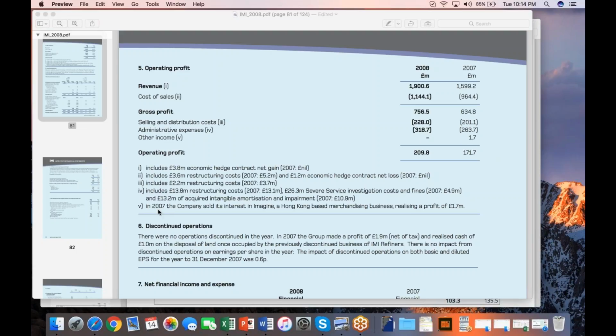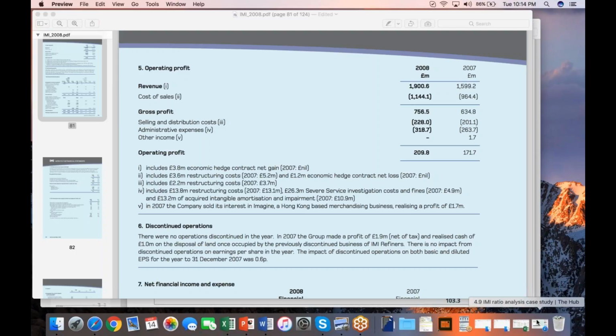If you read down there, in 2007, the company sold its interest in Imagine, a Hong Kong based merchandising business, realizing a profit of 1.7 million. Which means that, Sami, other income is when you sell a business or sell an interest in a business and you get a profit. And that should be included in operating profit.